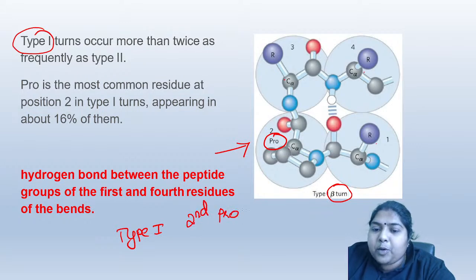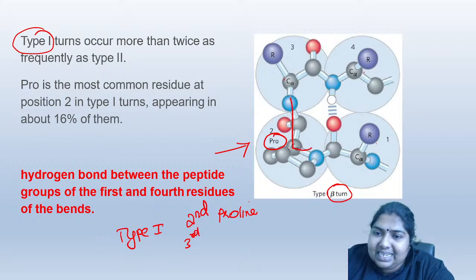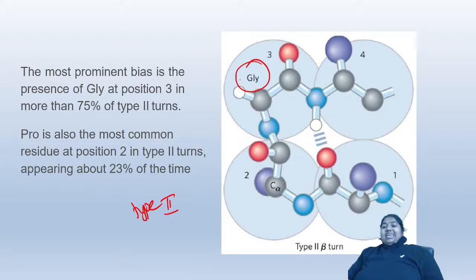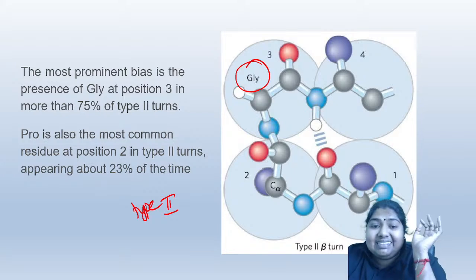Usually the second and third form the turns. And what is the second? It is going to be proline. In type 2, what is the third residue? The third residue is going to be glycine. In type 2, the third residue is glycine.